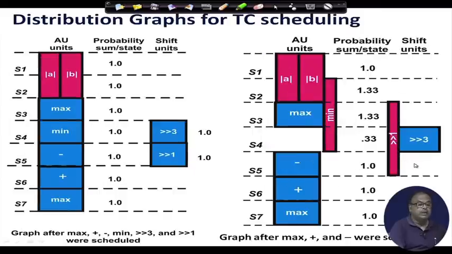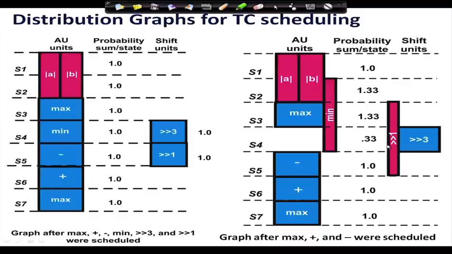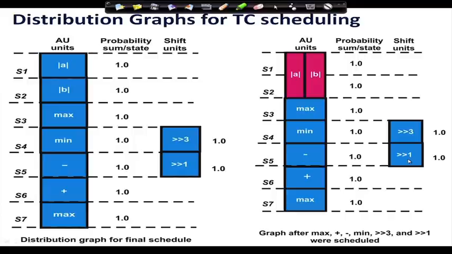Therefore, I can schedule it anywhere here. I prefer not to schedule it here, because in that case I will have to share the shifter. So, I shift it here. Here there is a shift operation and a minus, and this plus will need this thing. And now, only A and B are left. So, I can simply schedule them in any particular way like A and B. Okay. So, that is the ultimate distribution graph that I get for the time constraint schedule.